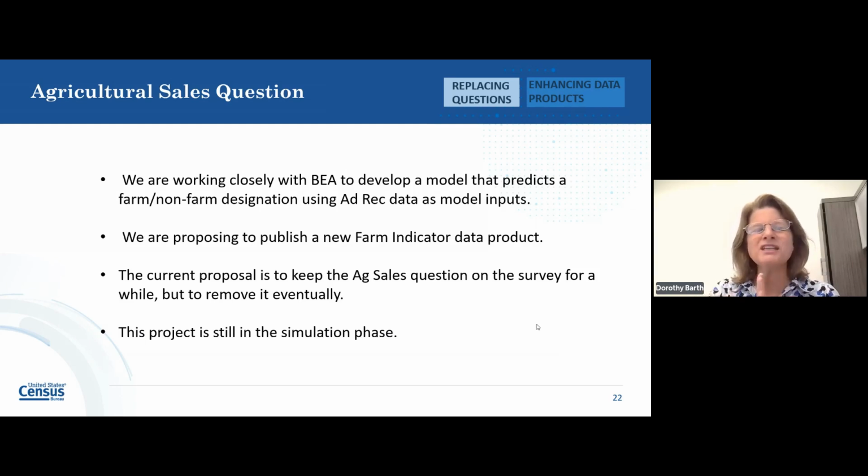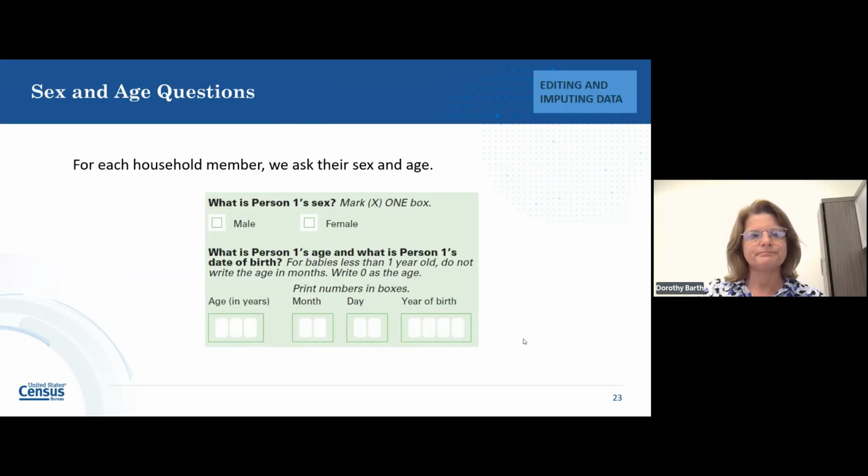Because they're not really a one-to-one, we want to wait a little bit. We like to take the conservative side, but we do eventually want to remove that question. This project is still in the simulation phase, so we're not quite to implementation yet.